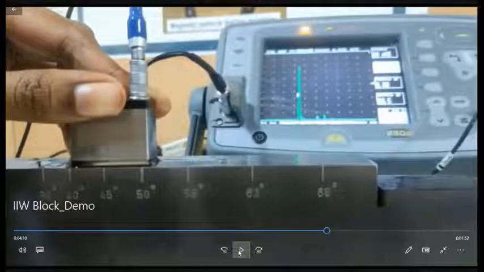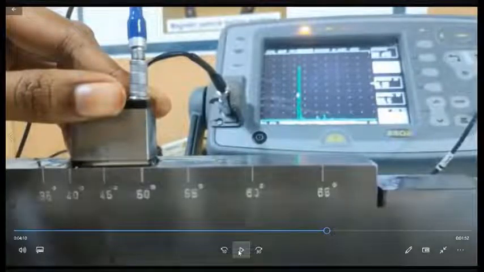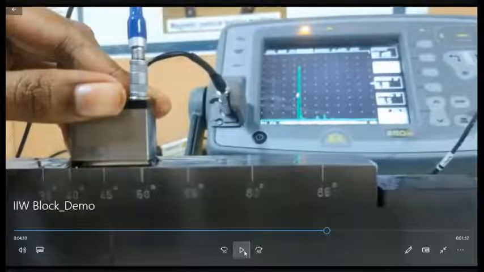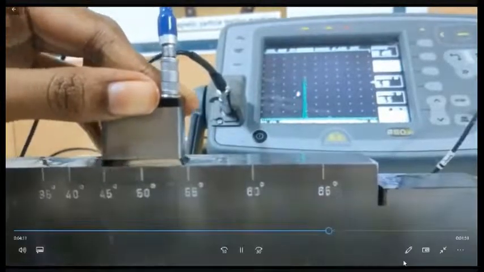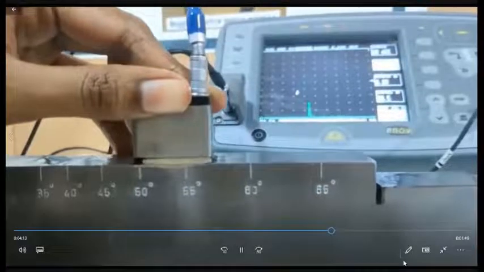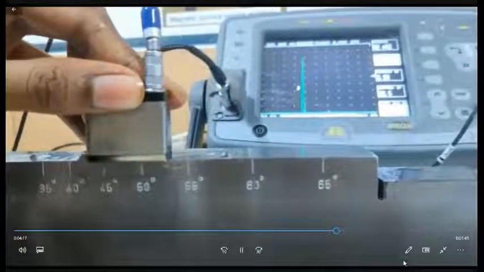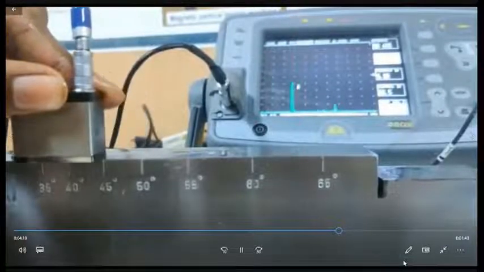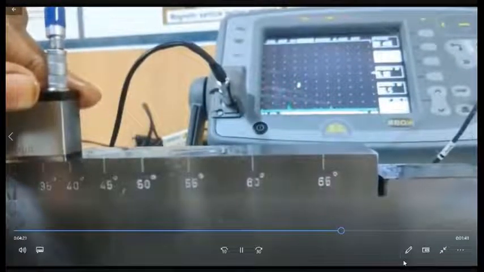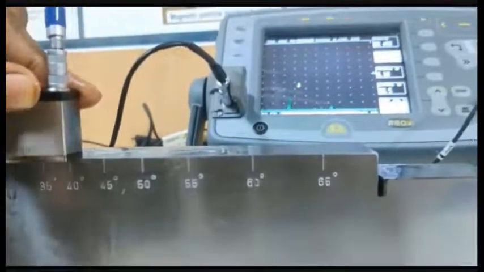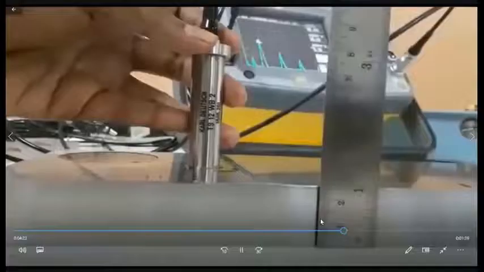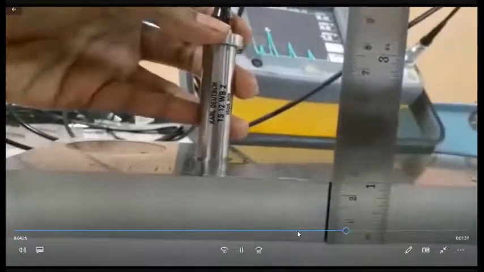Now we are going to do the angle calibration, what we discussed today. So it is being moved on this surface to find out where the maximum is coming. So let me go over this once more, the angle calibration part.